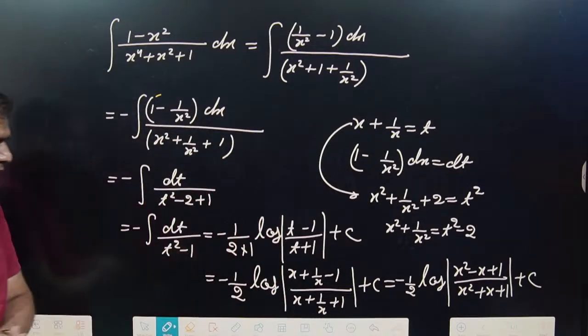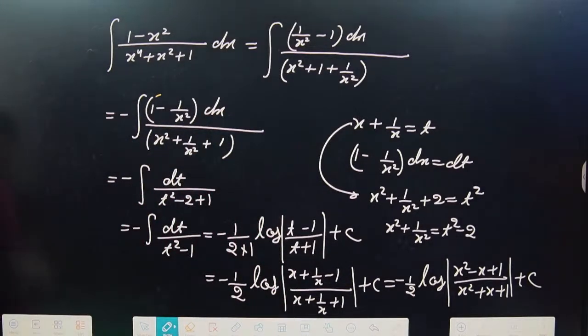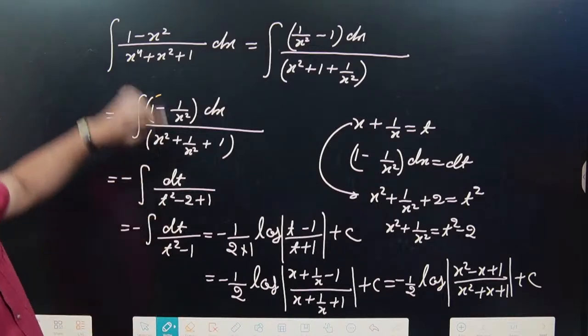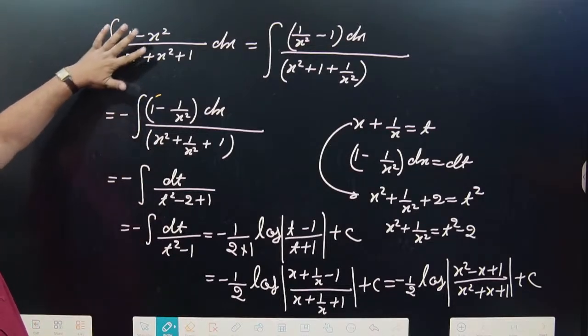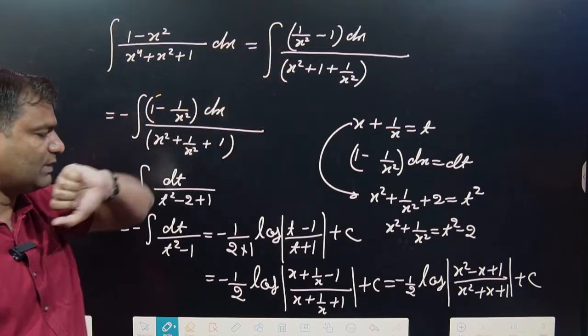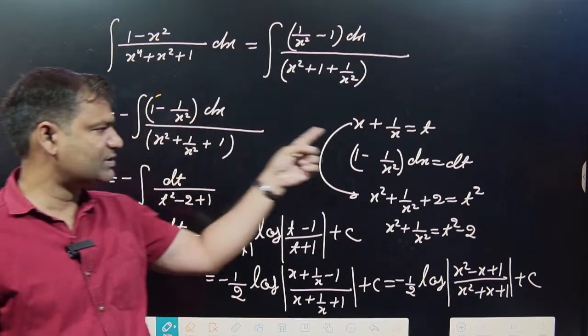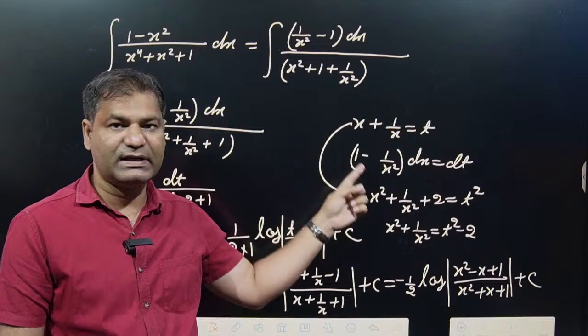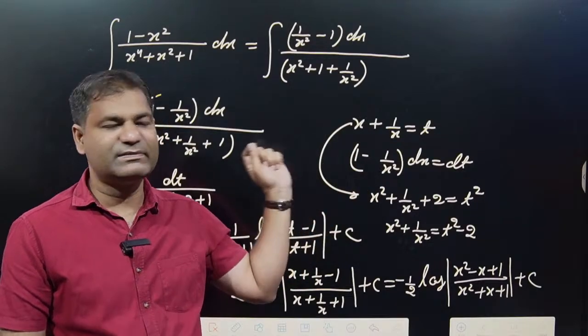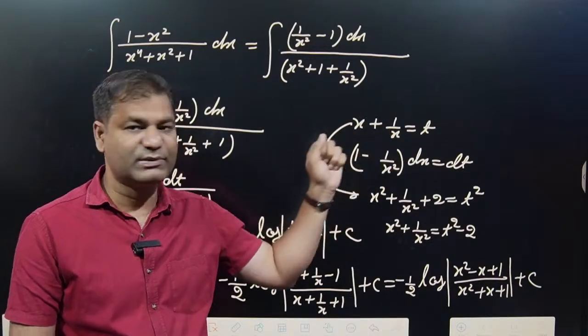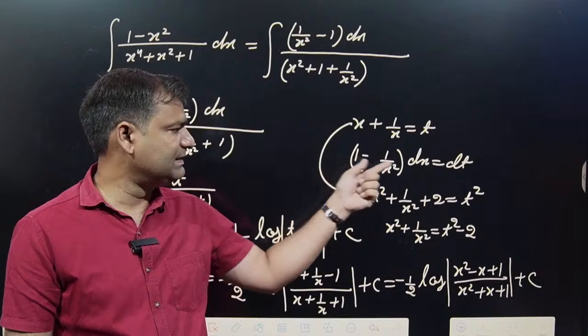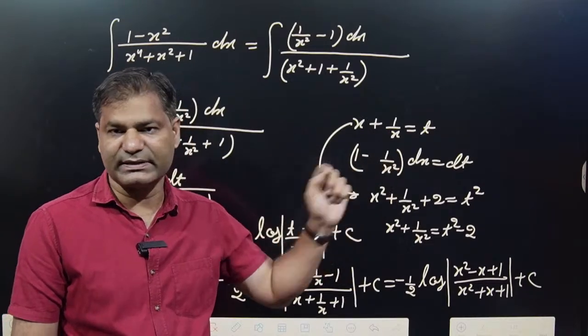Okay. First of all, make it very simple. First of all, divide numerator and denominator by x², then it is written like that. Basically this is the differentiation of the other, if this is differentiated, then we get this. It means t is basically x + 1/x. Then dt is (1 − 1/x²) dx.